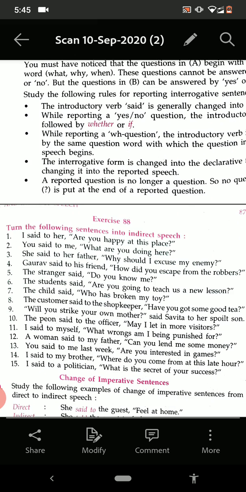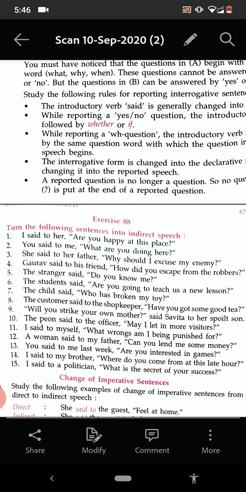See, exercise number 88. I said to her, "Are you happy at this place?" So the question is a yes-no question. We can give the answer in yes or no. Are you happy? Yes. Are you happy? No. So what conjunction will we use here? If or whether. And said to will change into asked.